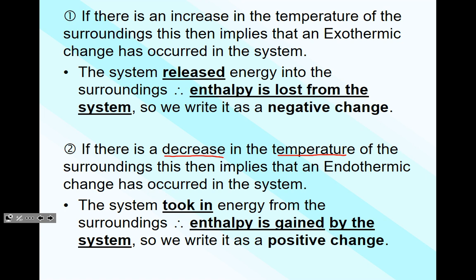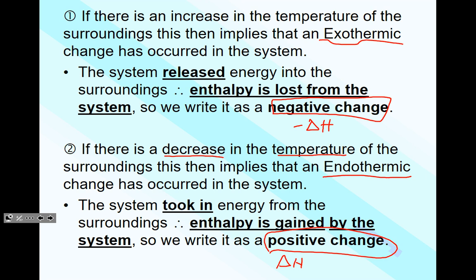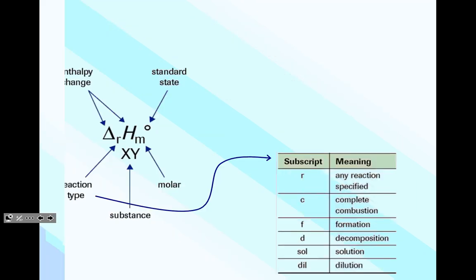The system took in energy from the surroundings, therefore the enthalpy is gained by the system, so we write it as a positive change. So a positive delta H for an endothermic reaction, and a negative delta H for an exothermic reaction. That's your foundational knowledge for this whole unit. Once you get that, you're like a rock star.